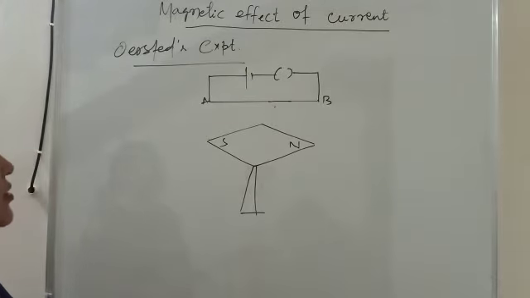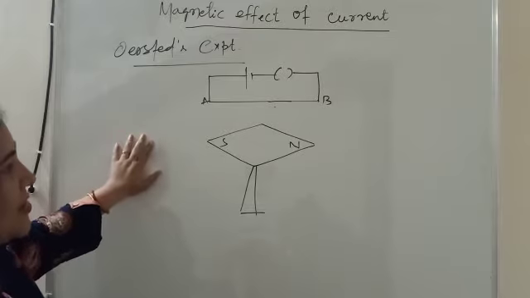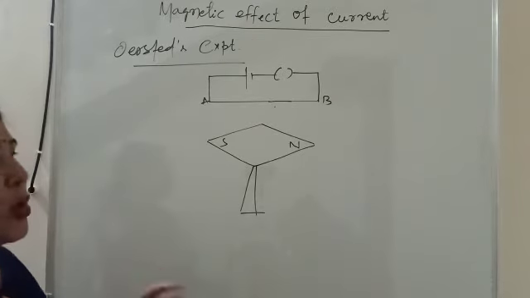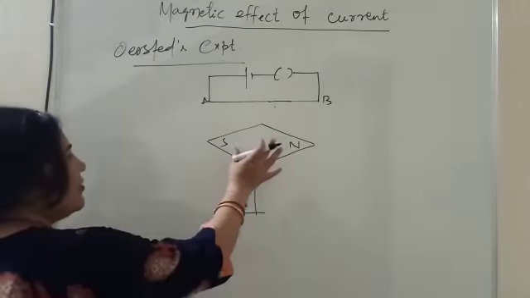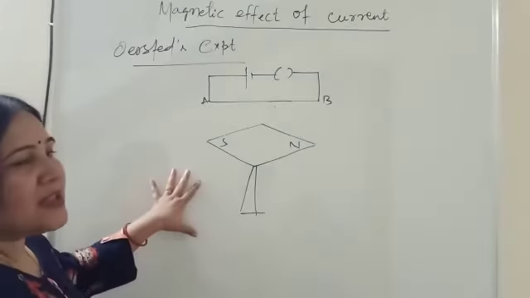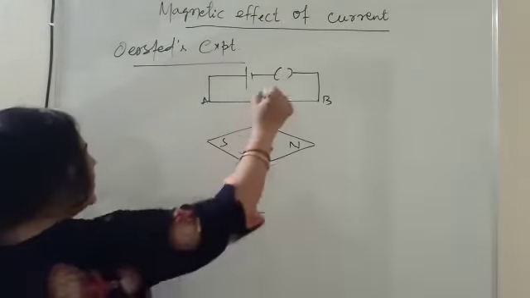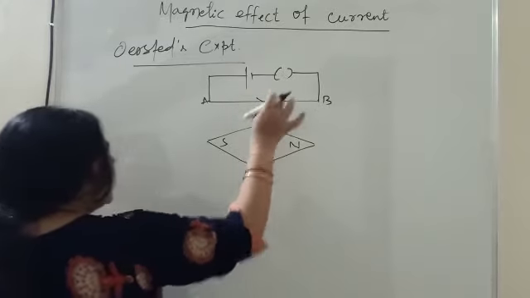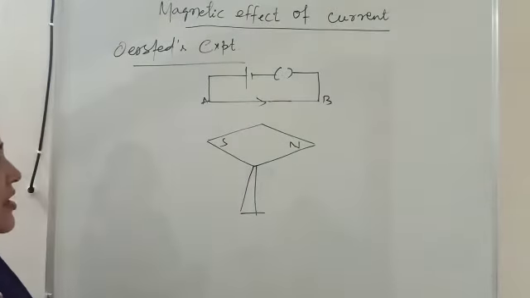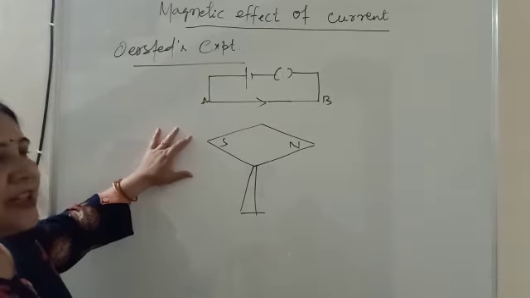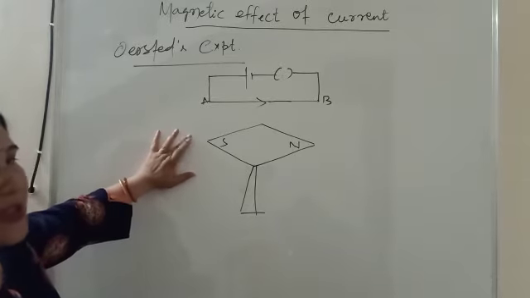So what conclusion did he draw from his experiment? When there was no current, the needle remained in its initial position without any disturbance. But once he allowed current to flow through the conductor, the magnetic needle got deflected from its original position.